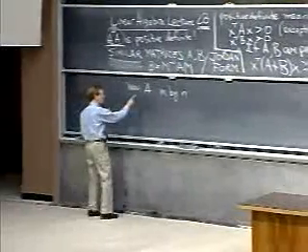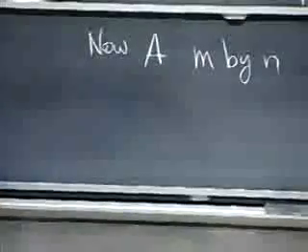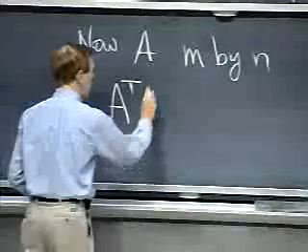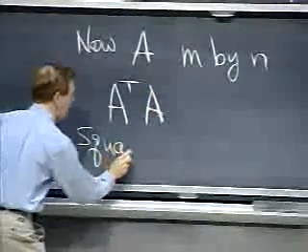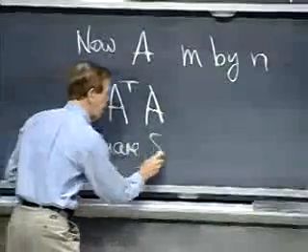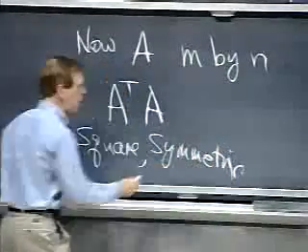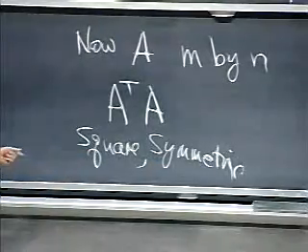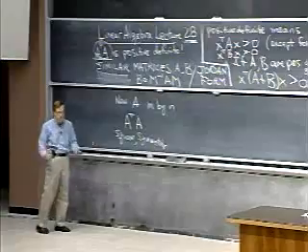But you remember that the key for these rectangular ones was A transpose A. That's square. That's symmetric. Those are things we knew. We knew back when we met this thing in the least squares stuff, in the projection stuff.